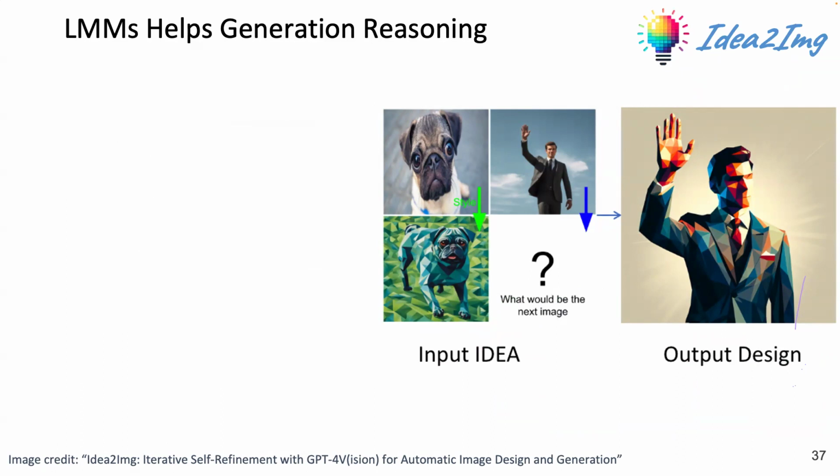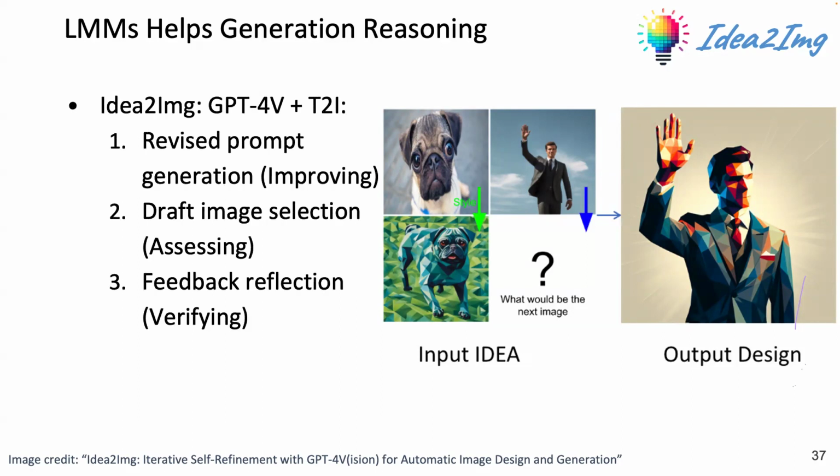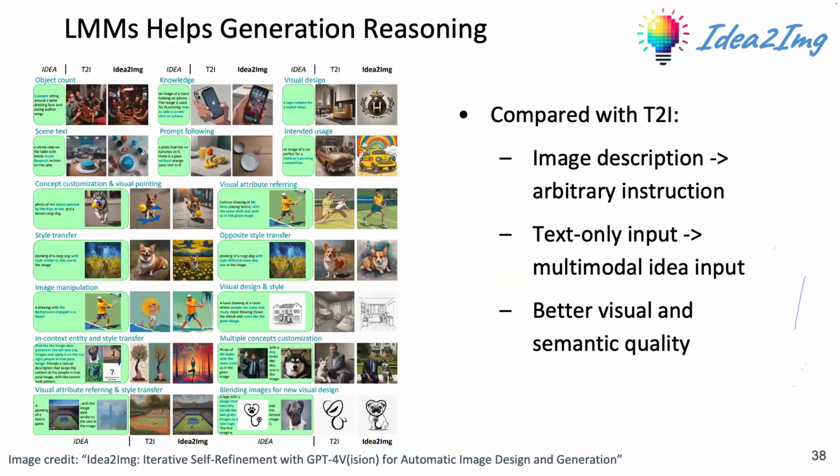All of those are sent in as a single image, and we try to extract the style from the stock image and apply it on top. And so the next image should also be in a similar style, but applied to this top right person waving hands image. This is done by simply repurposing GPT-4V or other LMMs into multiple roles, for example, to improve the prompts, select among multiple generated results, as well as provide feedback.